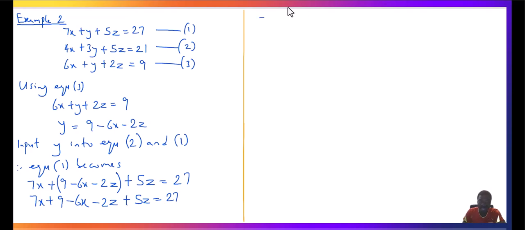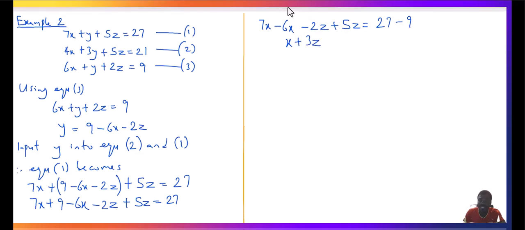So I have 7x minus 6x minus 2z plus 5z. You have to be very, very careful. Is equals to 27 minus 9. Okay, 7x minus 6x becomes x, minus 2z plus 5z becomes plus 3z is equals to 27 minus 9 becomes 18.